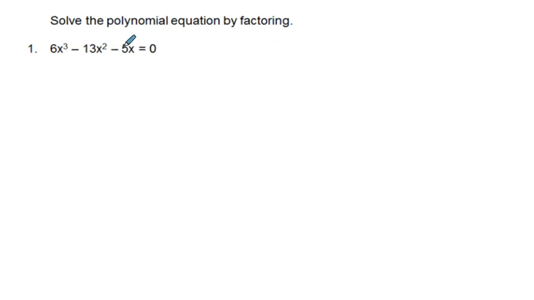So the first thing you look for in factoring is to find a common factor. And if you can see that there is x everywhere in this equation on the left side, we're going to have x. We take an x out of 6x cubed. What times x equals 6x cubed?